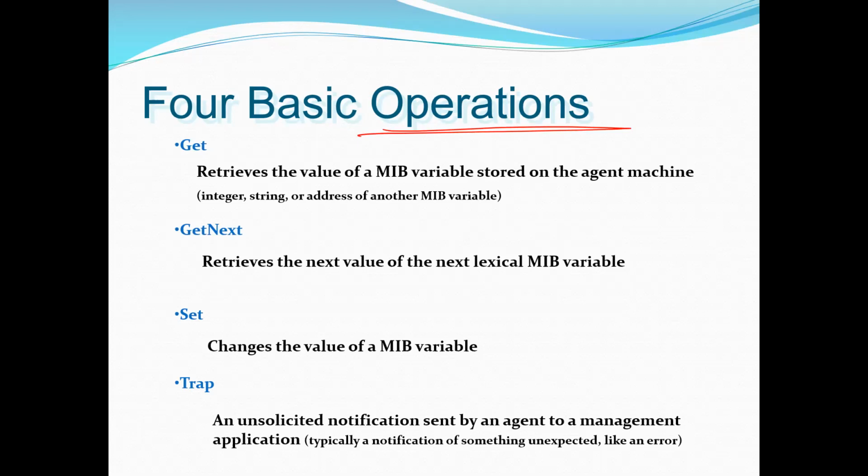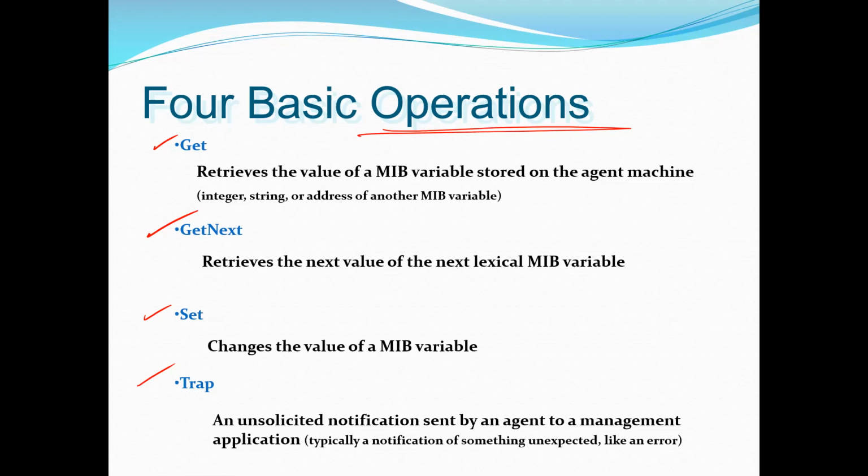So here there are 4 basic operations, which are called get, next, set, and trap. They're all pretty clear, actually, but let's take a look at them. Get retrieves the value of an MIB variable stored on the agent machine.